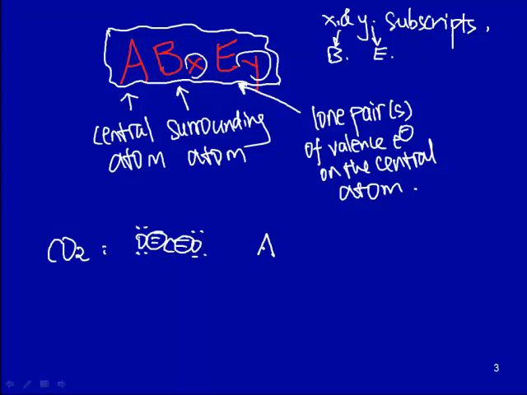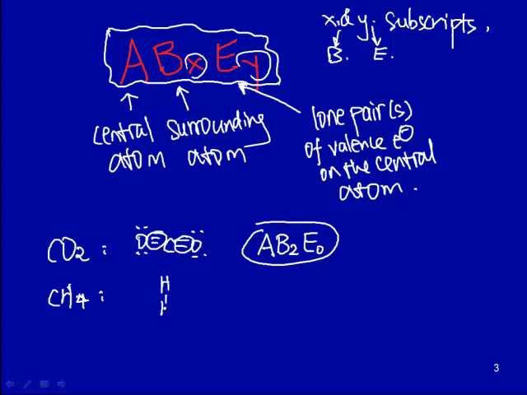So this one is called AB2E0, because there's no unshared pair of valence electrons on the central atom. So this would be the correct answer for the ABxEy notation for carbon dioxide. And let's take a look at methane.